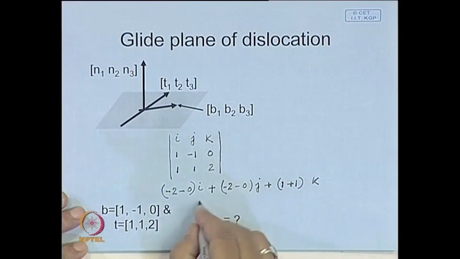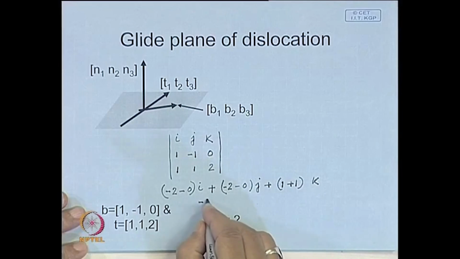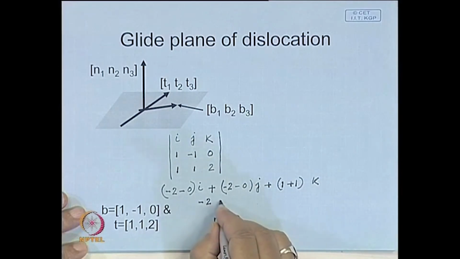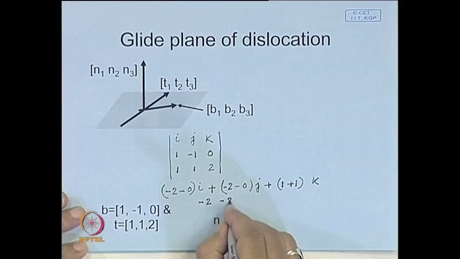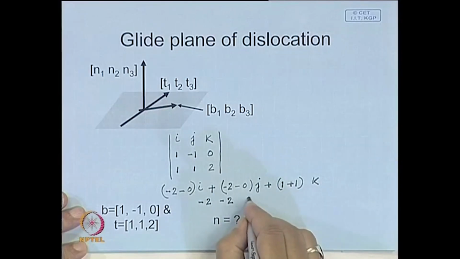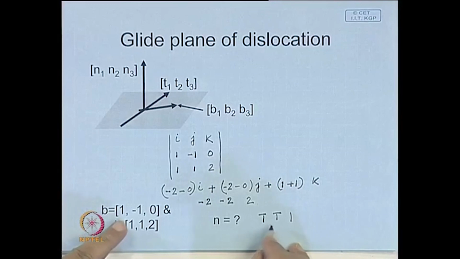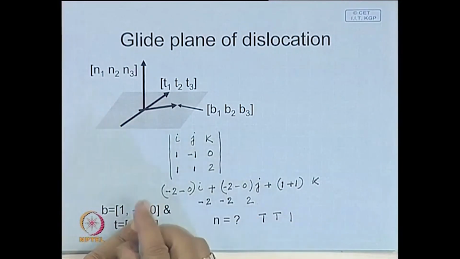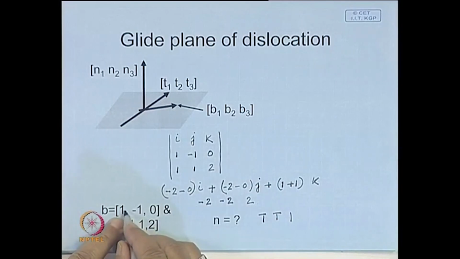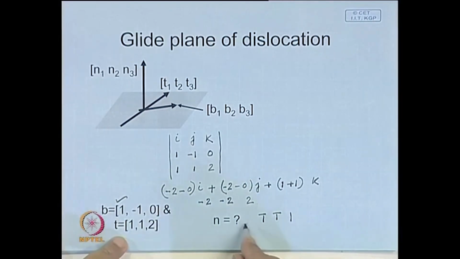If you solve this, it comes to minus 2, minus 2, 2. So n comes out to be 1 bar 1 bar 1. Now you can check: this is normal, perpendicular to B, and also perpendicular to this direction.